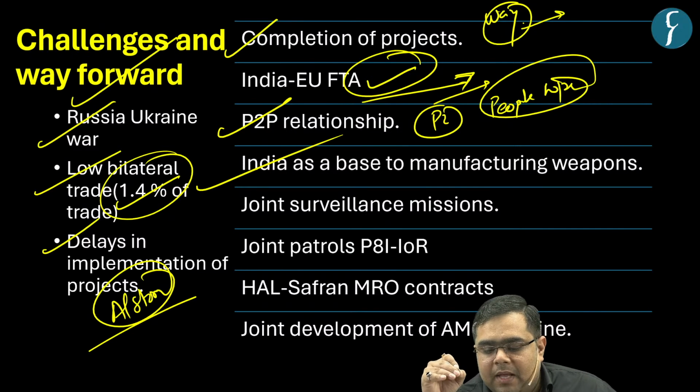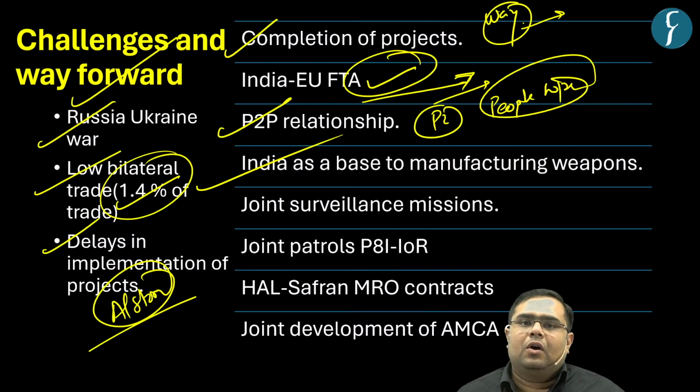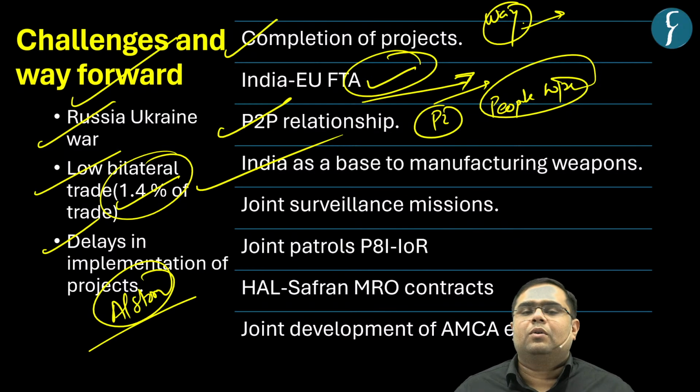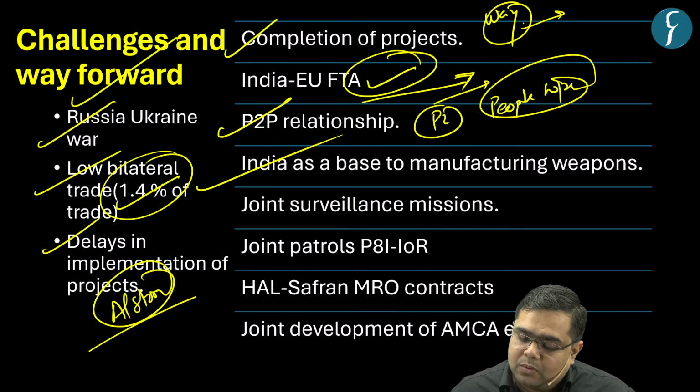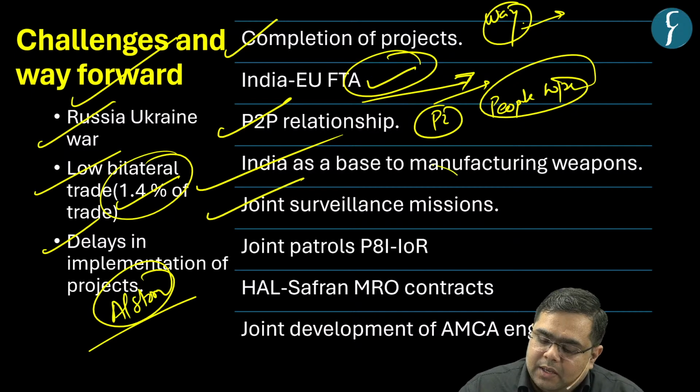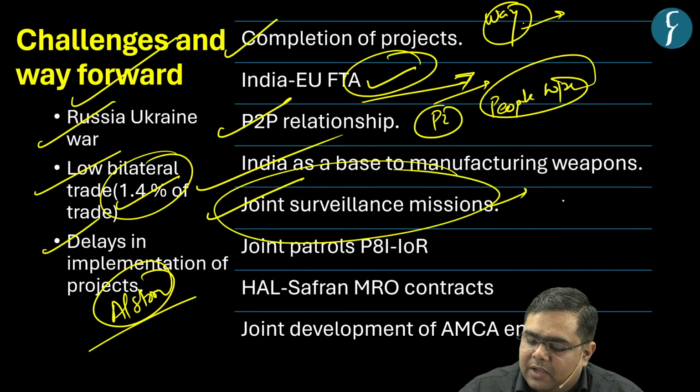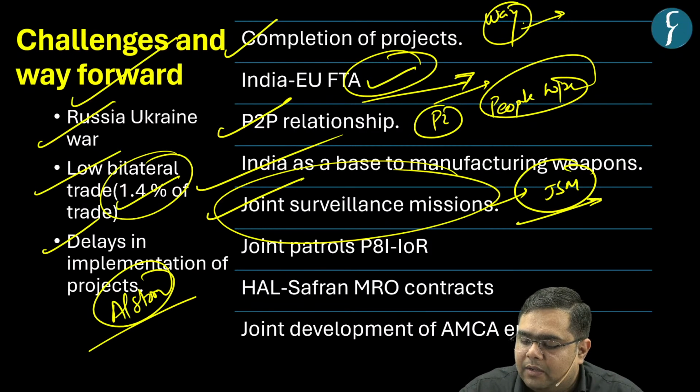That India can be created as a base for mass manufacturing of weapons, first for the Indian market, and for the defensive weapons we could try to export them. Then recently we have agreed for joint surveillance missions, and one of such missions was recently carried out.